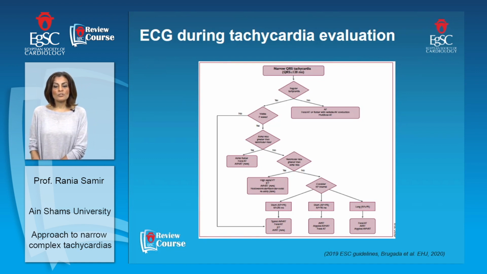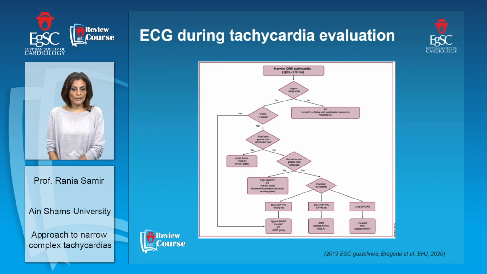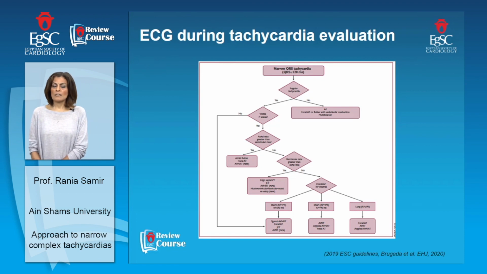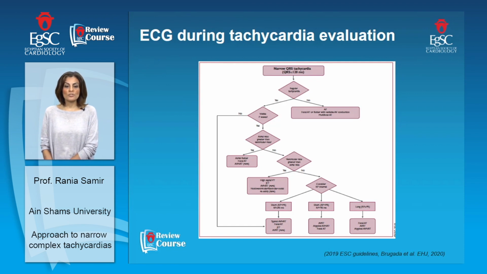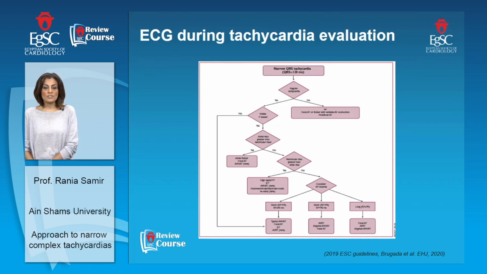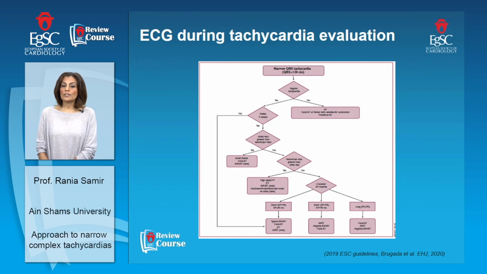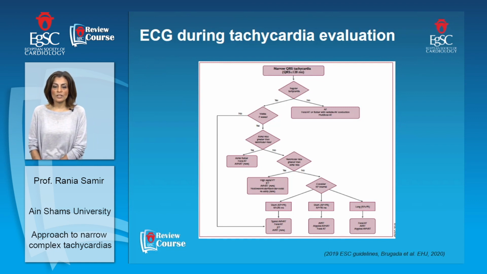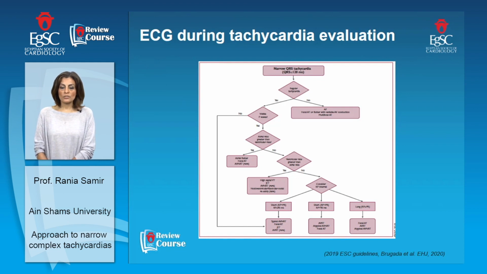But if the ventricular rate is greater than the atrial rate, then it might be the less common narrow complex tachycardia, which is the high septal or high septal fascicular ventricular tachycardia, or it can be junctional ectopic tachycardia, and in a very rare situation, AV nodal reentrant tachycardia.